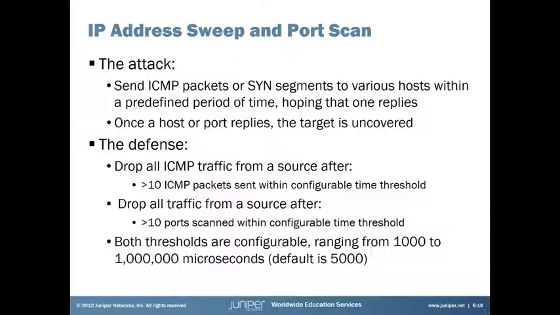So we can say, okay, this is the ICMP scan. Let's put this system in place, which says we're going to be looking for ICMP requests coming from a single address. If we exceed 10 of those in 500 microseconds, then we will drop traffic from that address.